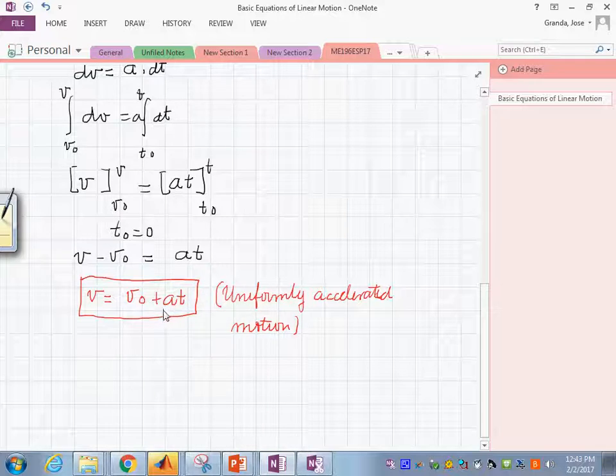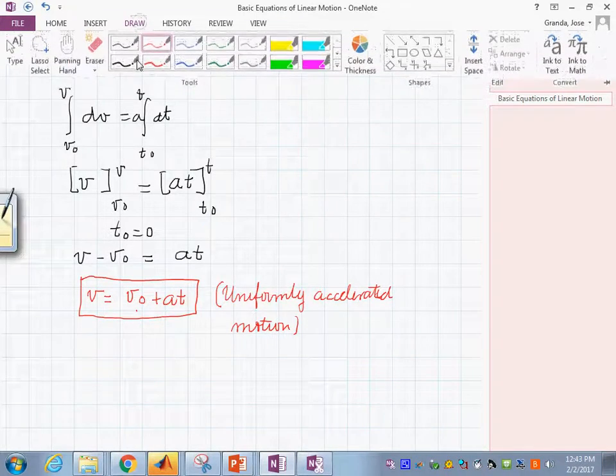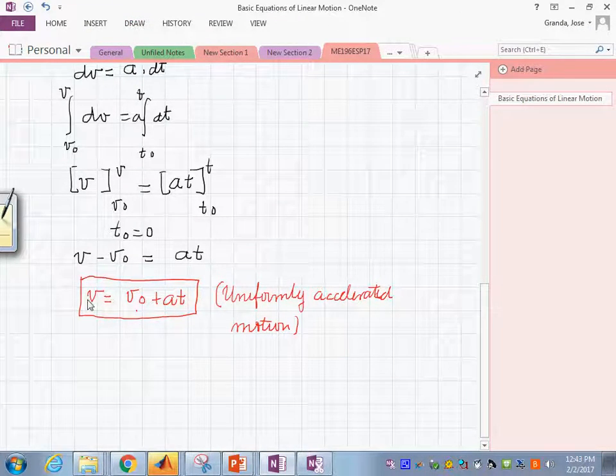So that's how the acceleration gets in there also. So if we know this, then we can go ahead and do another derivation. I am going to put a line in here so that you can see this is a new one.